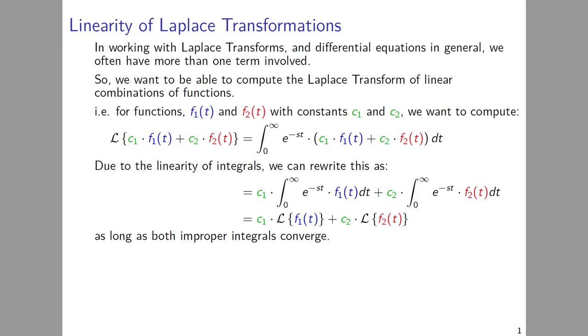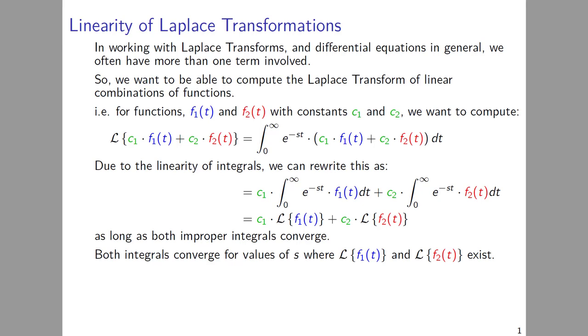Now let's come back to this issue of convergence. Remember, both of these improper integrals converge for values of s where the Laplace transform of f1 and the Laplace transform of f2 exist. So if we can find the values of s where both of these Laplace transforms exist, then we know both integrals converge there.